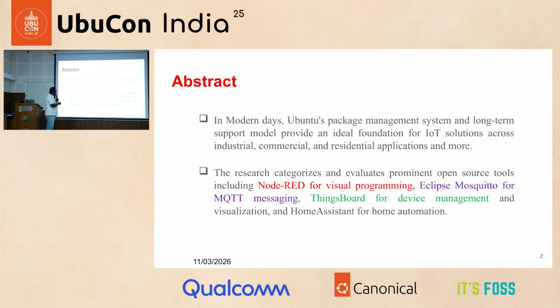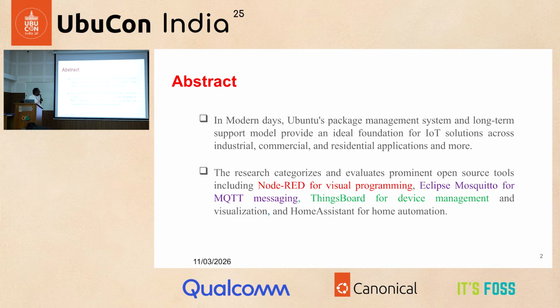The first one is Node-RED, for visual programming, showing how an IoT device can be integrated with the system. Like yesterday you heard about the Rubik Pi; that much of deployment we are able to do. Node-RED can also be deployed for our cloud setup and for IoT exchange of some communication protocol.